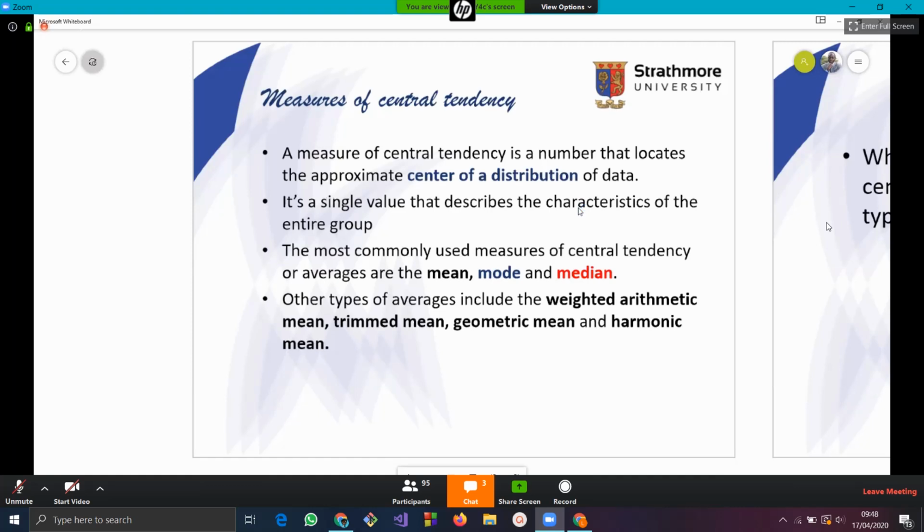Some of the things we use to find a value that describes the data are mean, mode, and median. Okay, the mean is the most famous here, and it has different types: the weighted arithmetic mean, the trimmed mean, the geometric mean, and the harmonic mean. And these ones you can revise. But for every data set, there's usually a way to summarize the data using a single point or a single value. That is the theory of measures of central tendency. That's what a mean does.